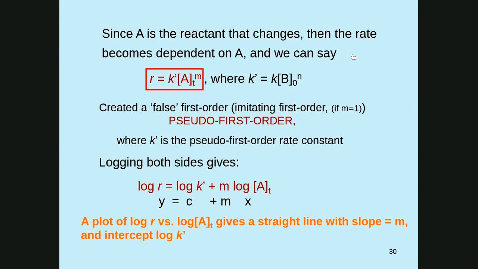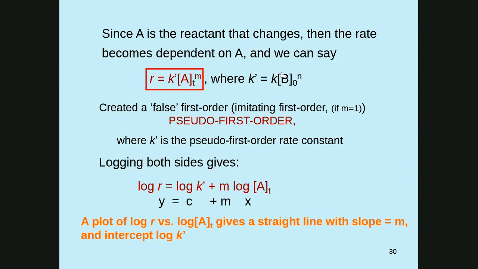Right, so if you do that, you would write the rate law as a pseudo rate constant, k prime, which is defined as k times that essentially constant concentration of B raised to the power n, times the varying concentration of A raised to the power m. And this rate expression can be very easily analyzed.